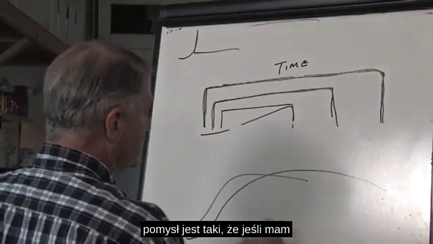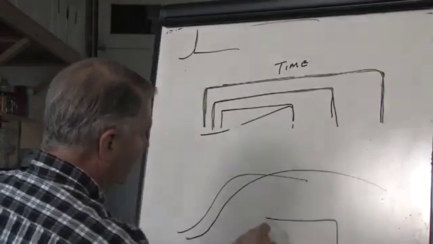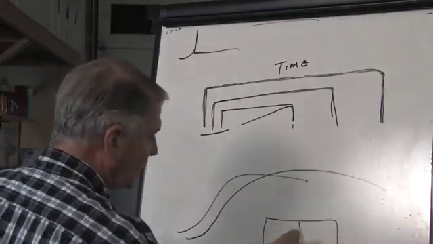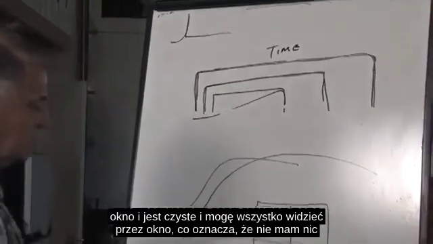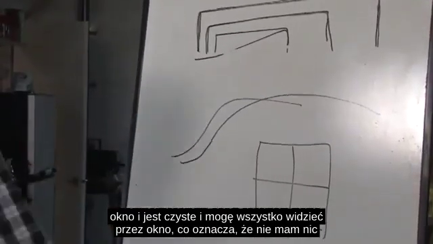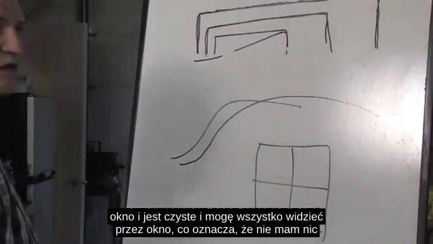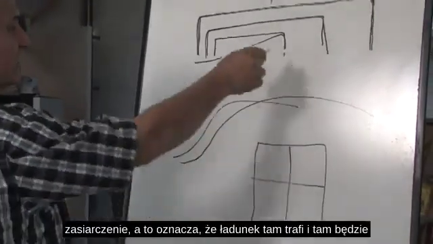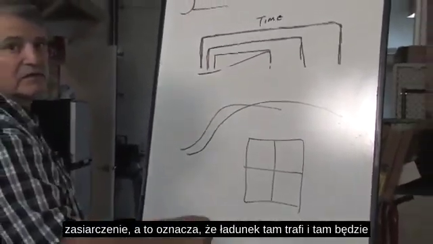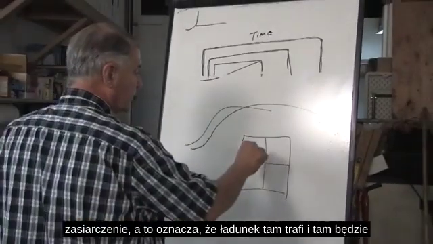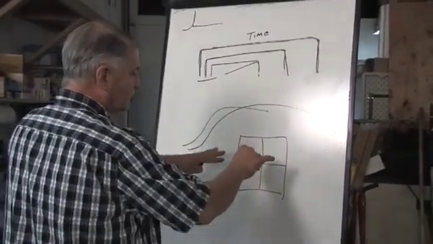The idea is that if I have a window and it's clear, and I can see everything through the window, that means I don't have any sulfation. And that means the charge is going to go there and be there.